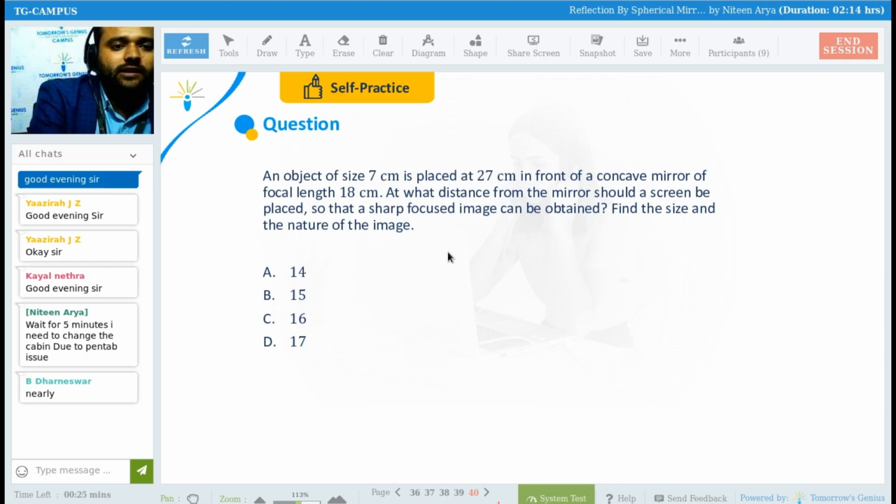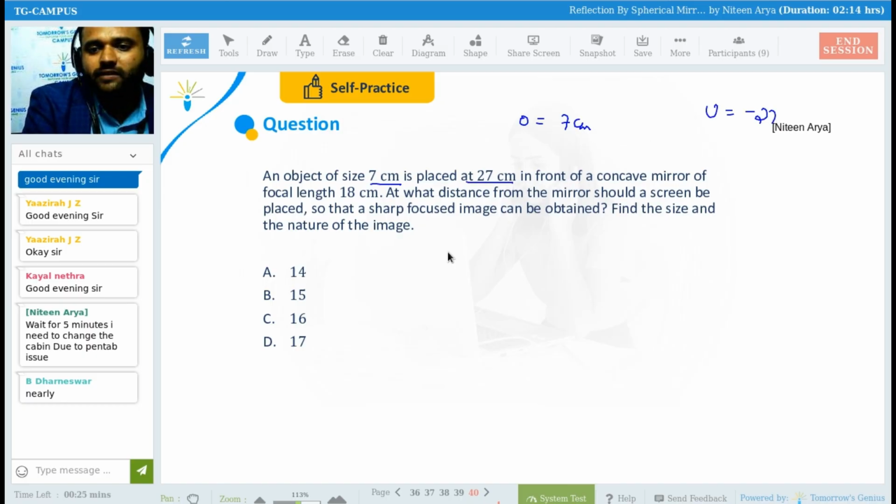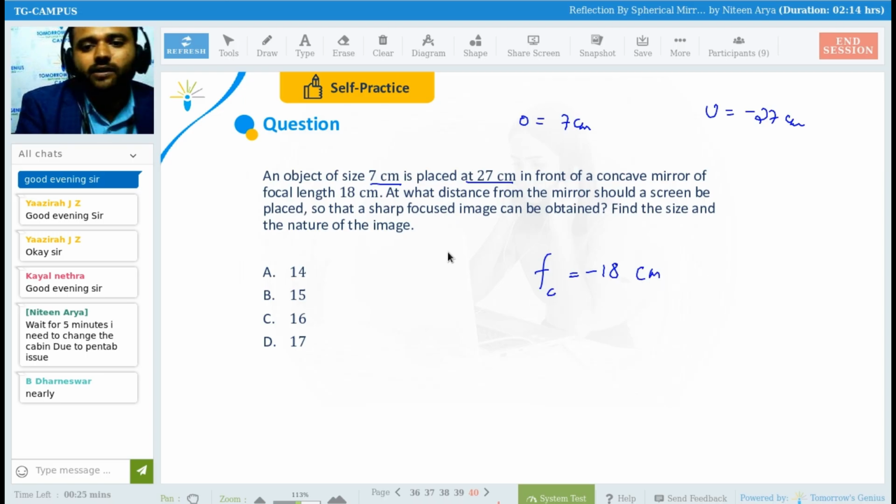Okay, so what is given in this: an object of size 7 centimeter, size of object means O, placed at a distance, U is always negative, 27 centimeter in front of a concave mirror. Concave mirror, F is going to be minus 18. At what distance from the mirror should a screen be placed, obviously V, to get a sharp focused image?